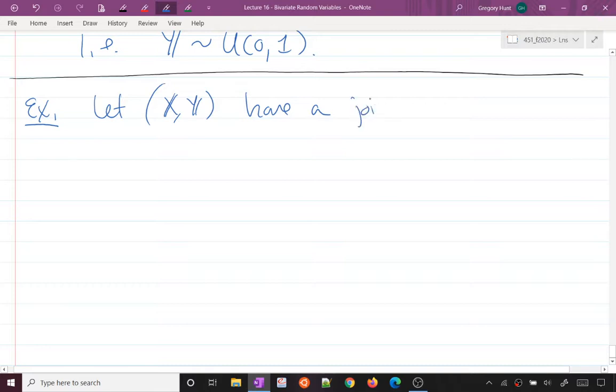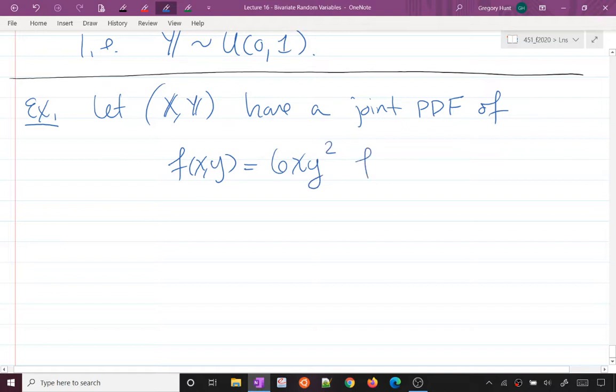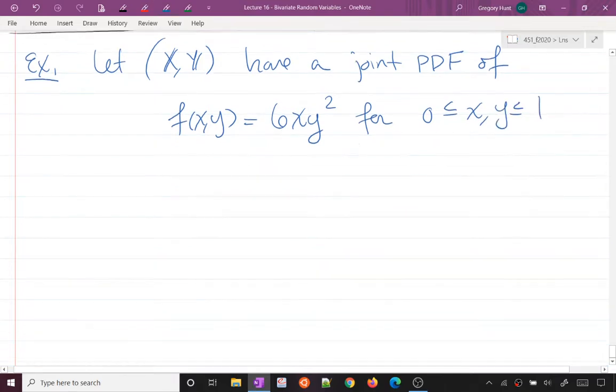Have a joint PDF of f(x,y), and it's going to be 6xy squared, and this is going to be for 0 less than x, y less than 1. That's my notation for saying both x and y are between 0 and 1.